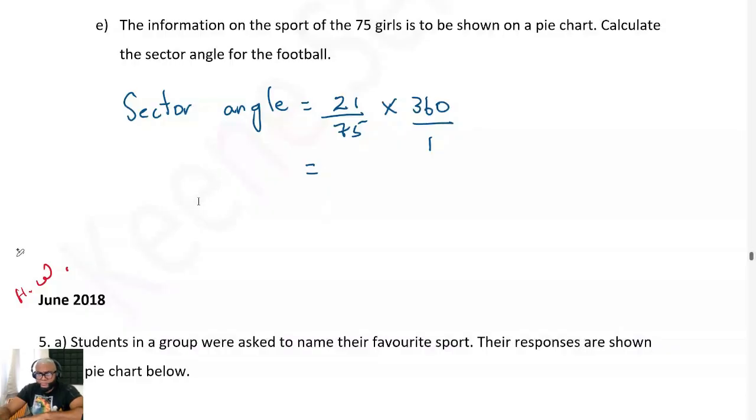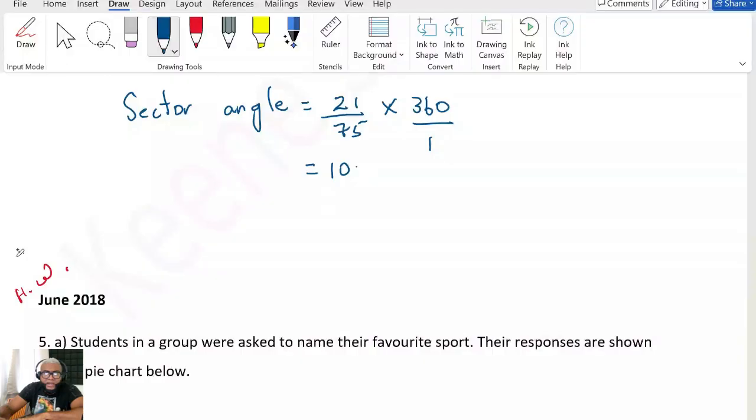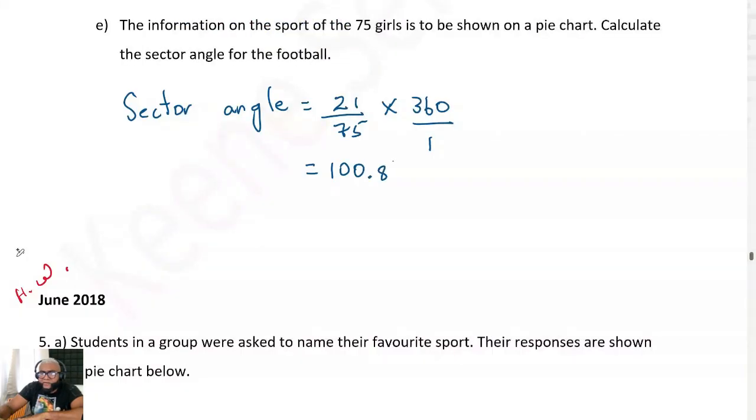Yes, 100.8, that's correct. So this here would be my sector angle in a pie chart.